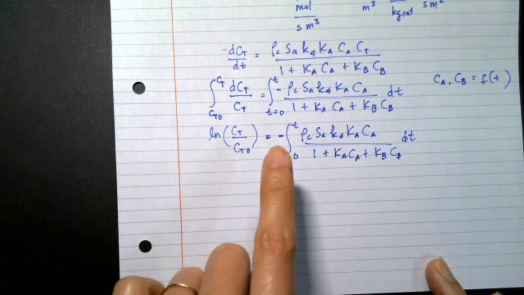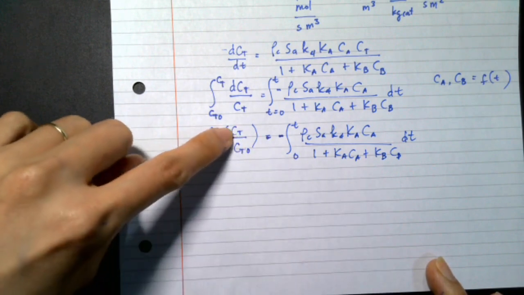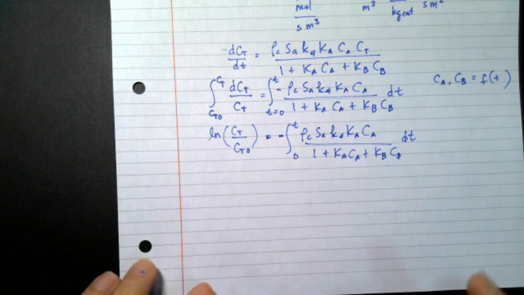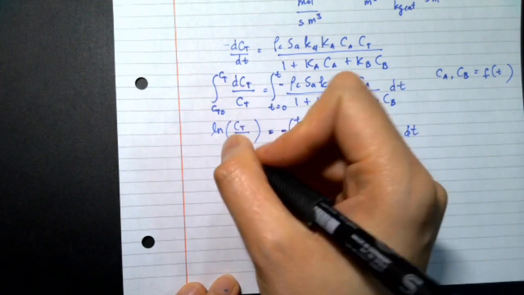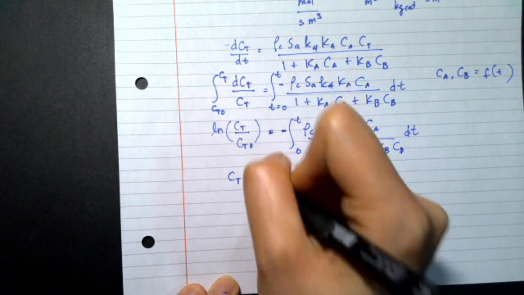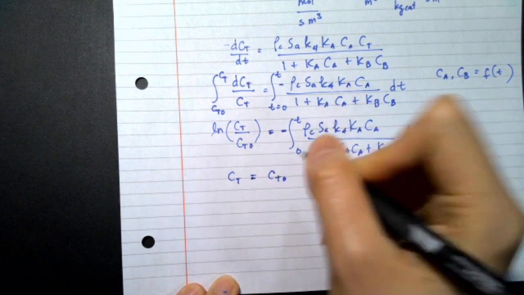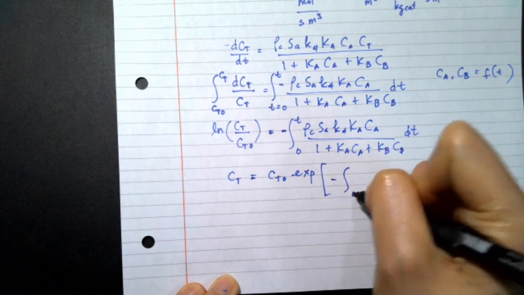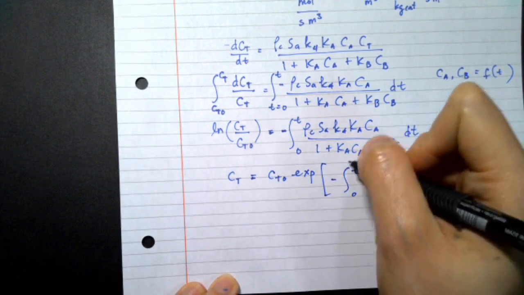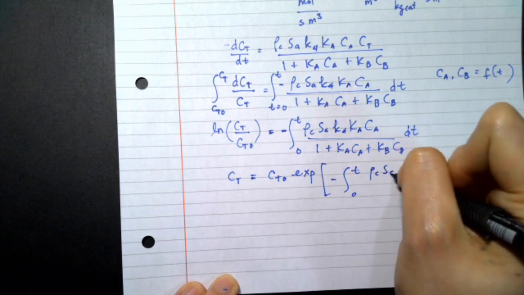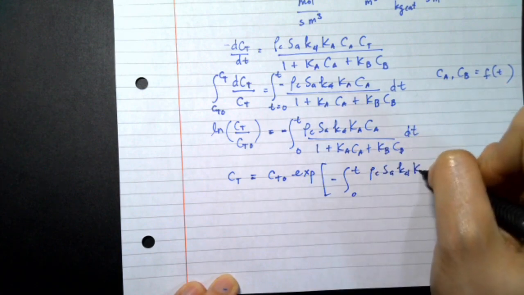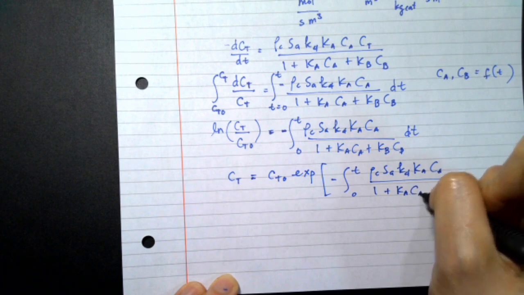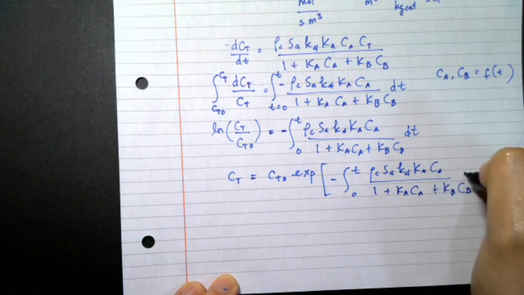So this will give us the expression that we're looking for. We're looking for CT as a function of time and concentrations of A and B. So solving for CT, we'll have CT0 times the exponential of negative the integral from 0 to t of rho C SA K4 KA CA over 1 plus KA CA plus KB CB dt.